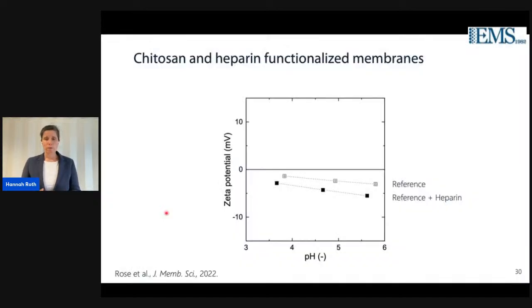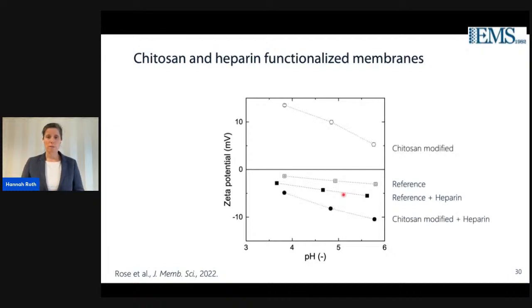Additionally, we could show that when we bring the reference membrane, which is typically slightly negatively charged, into contact with heparin, we get a bit of a switch in the surface charge, shown here by the zeta potential, into the negative region, which means that some of the heparin does adsorb to the surface.